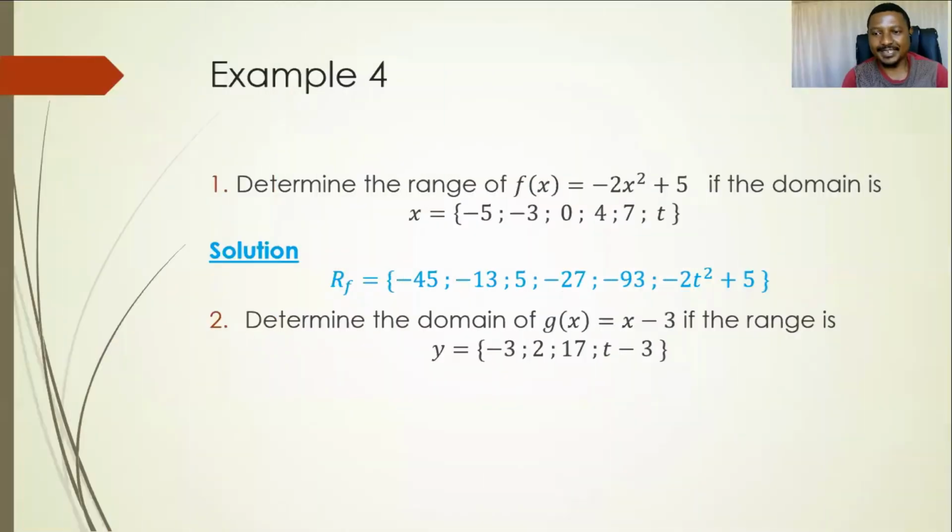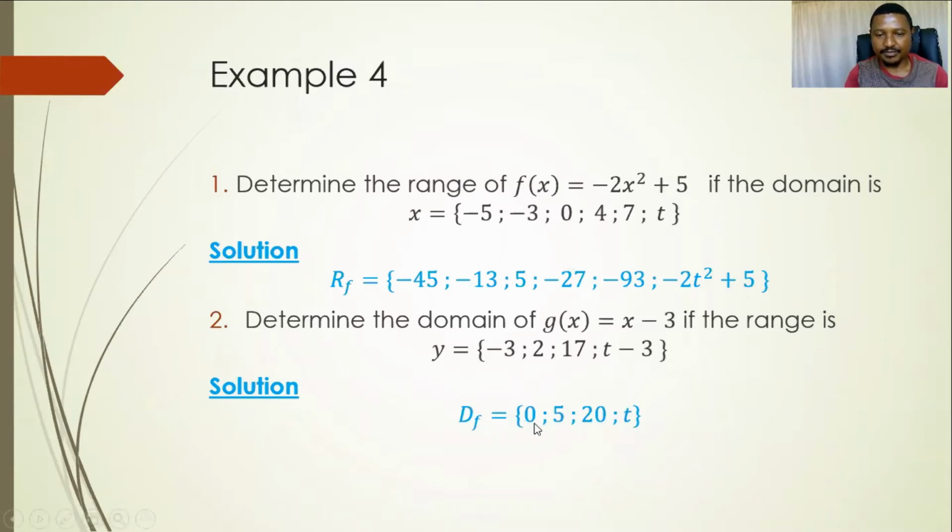Let us again look at our already prepared solutions, and obviously the manner in which you are expected to write your final answer after the calculations. So the solution for the domain for this function is as follows.